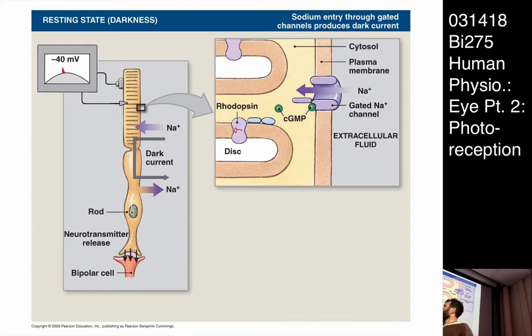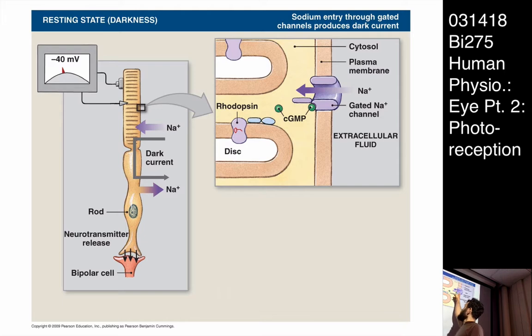So there's a current that begins to get set up. This creates a graded potential and an electrical field in here. So there's sodium rushing in, and sodium hurriedly being pumped out. This is the dark current, called a dark current because it's in the dark. There's no photon hitting that neuron currently.